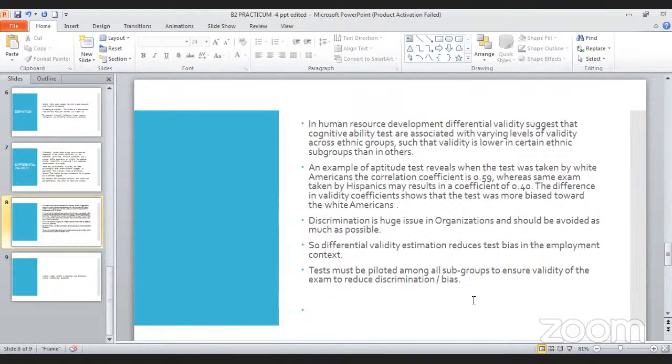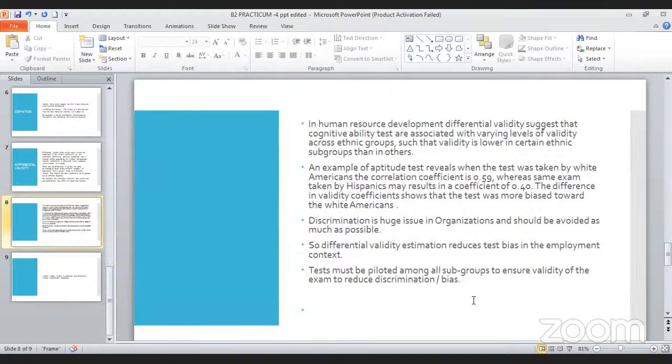This is the differential validity, that sometimes you can see there are differences in the validity coefficients across the subgroups. And it can only be seen when we administer the test in the practical field. So this is a very problem-solving, very practical oriented topic.